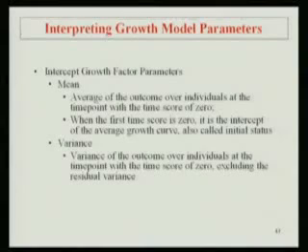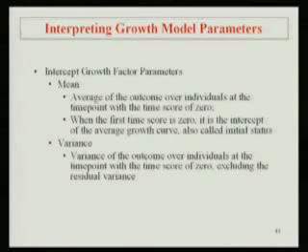So it's just the average of all of the individuals' outcomes at the time point with a time score of 0. And when the first time score is 0, it's often called initial status, as I already said, and if the last time point, final status. And then the intercept growth factor has a variance. Each person has a value on the intercept growth factor, and the variance summarizes the spread of those.